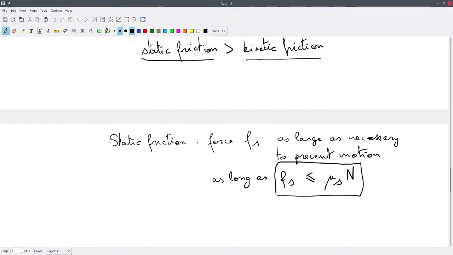So this is the expression for static friction.